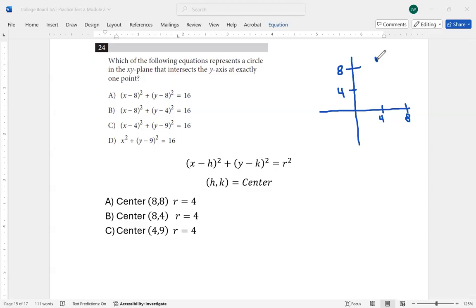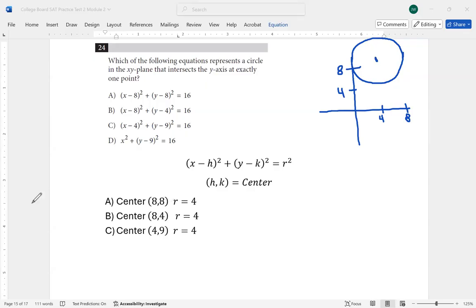Since it has radius 4, it's going to move 4 to the left, 4 to the right. And we're going to end up actually touching the y-axis here. So option C is touching the y-axis. So C is the one that works.